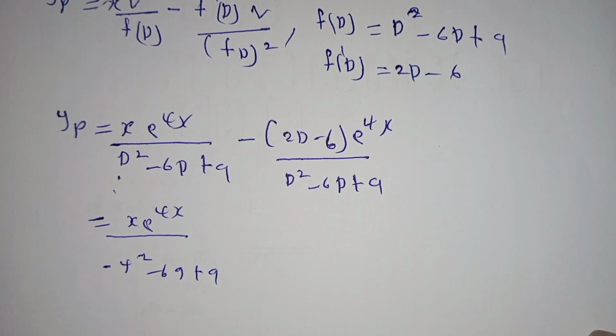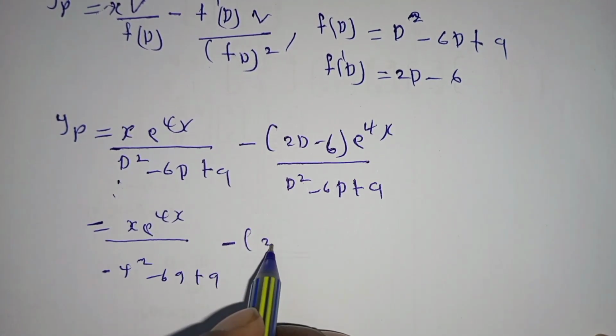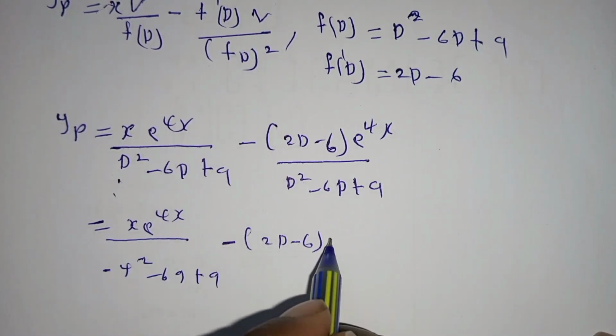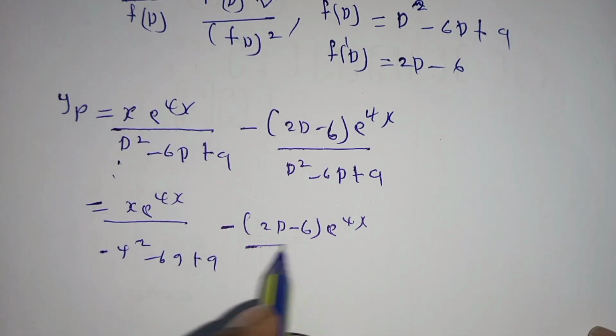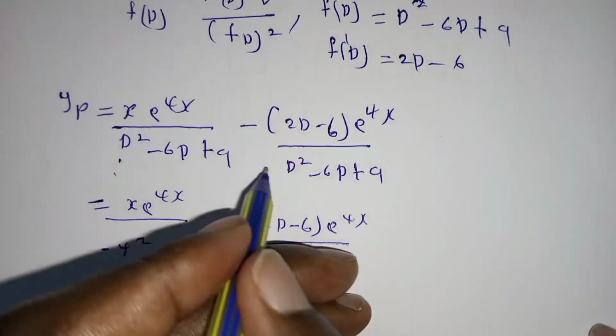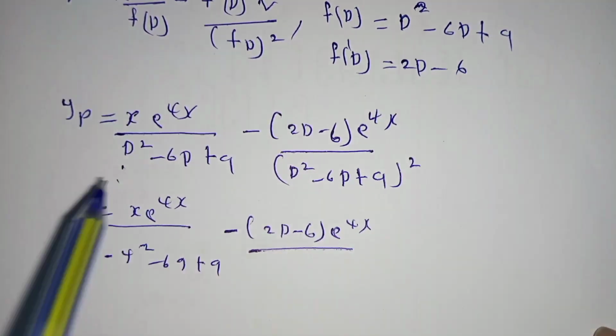plus 9 minus bracket 2d minus 6 exponential 4x divided by, this part here is squared from the formula here.